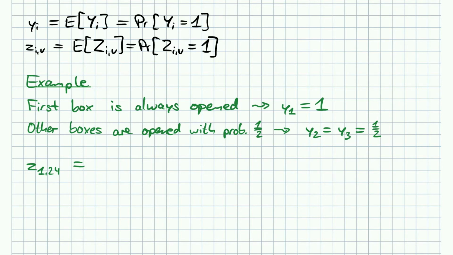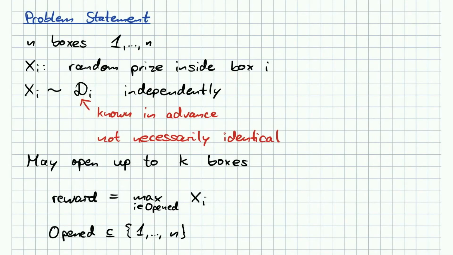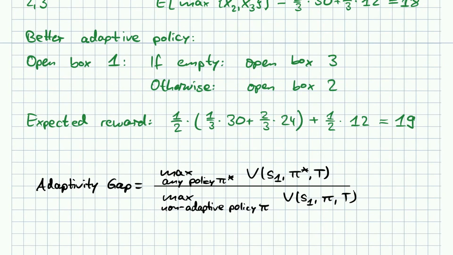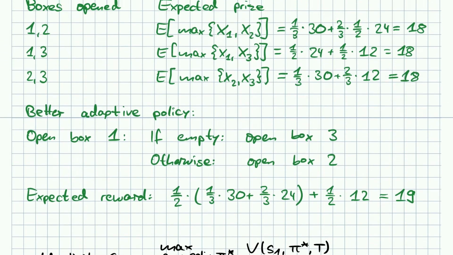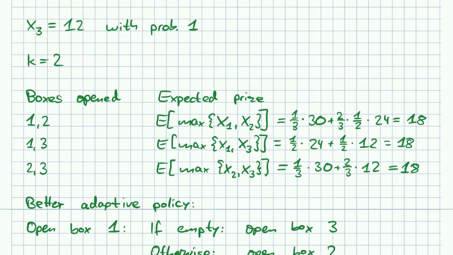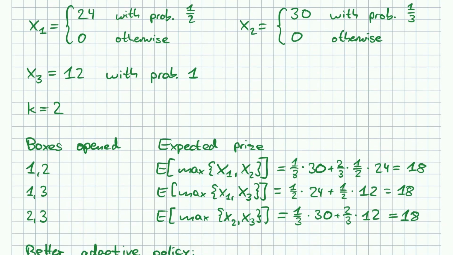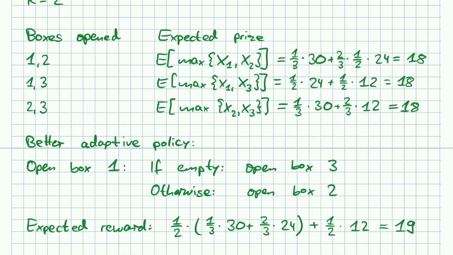So when did this happen? Maybe let me go back to the example. When did we take home the prize from the first box? The first box contains 24 with probability half. So when do we take home this 24?